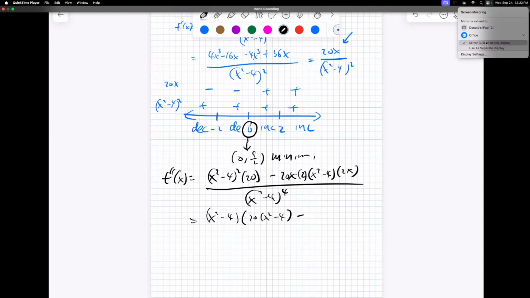Let's factor out 20. That gives you x squared minus 4, and what do you have left? It's 4x minus 4x squared over x squared minus 4 to the fourth. So this is changed to the third.